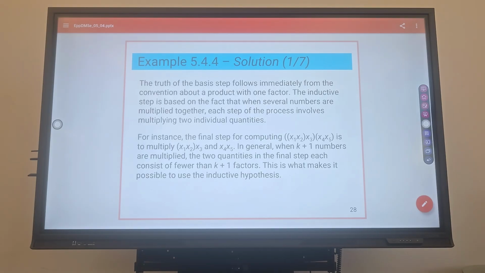For instance, the final step for computing this here is to multiply x sub 1 times x sub 2 times x sub 3 and x sub 4 times x sub 5. In general, when k plus 1 numbers are multiplied, two quantities in the final step each consist of fewer than k plus 1 factors. This is what makes it possible to use the inductive hypothesis.